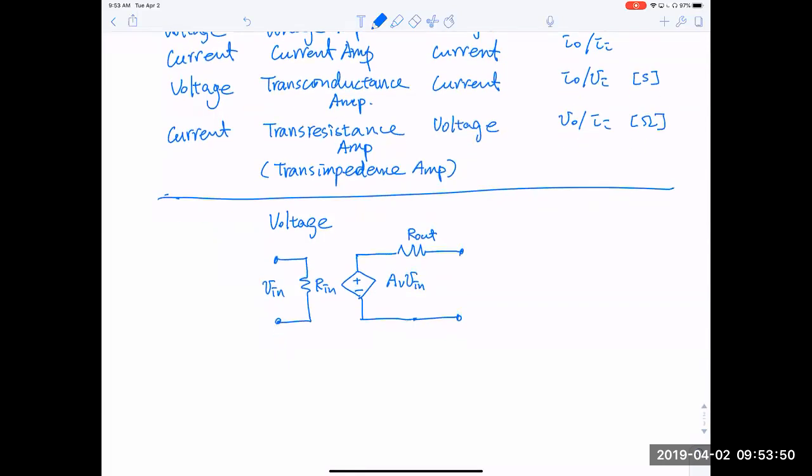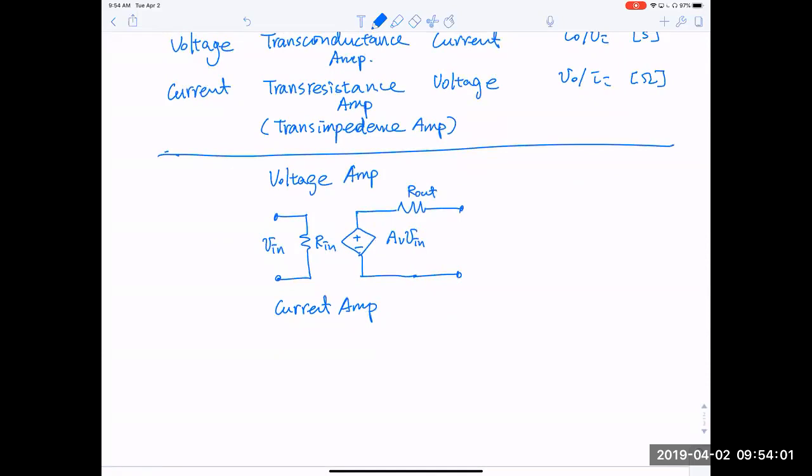And for the current amplifier, the two-port circuit is, well, the input part is the same. So we have R in, and now we have a dependent current source. And the dependence will be whatever current is coming into the input port.